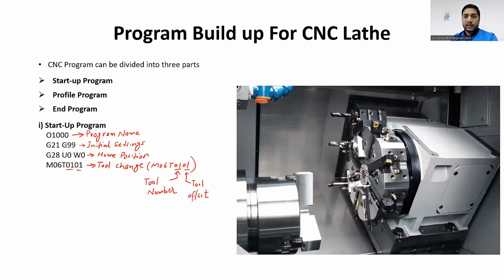Let me explain this with the help of this figure. Now, as we know, this is the inside view of a CNC machine. This is our spindle. This is our chuck. And this is the turret, or tool magazine. And this is our tailstock.